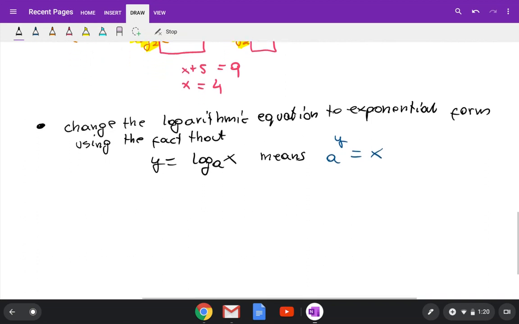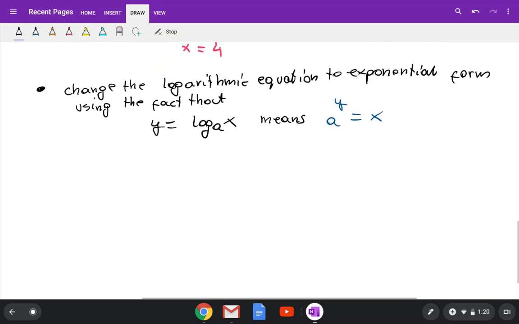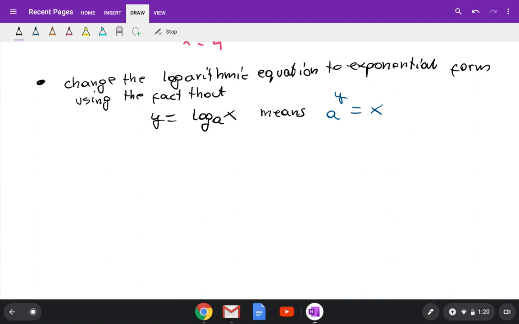So I'm going to use problems from your textbook. This is page 450, and we're solving number 91. You need to solve log base 2 of (2x plus 1) equals 3.